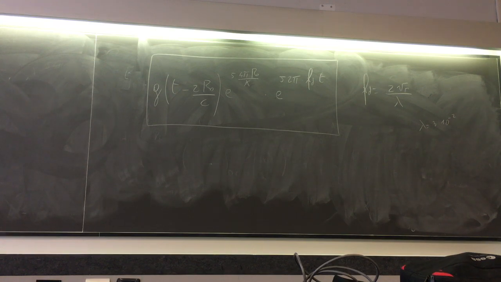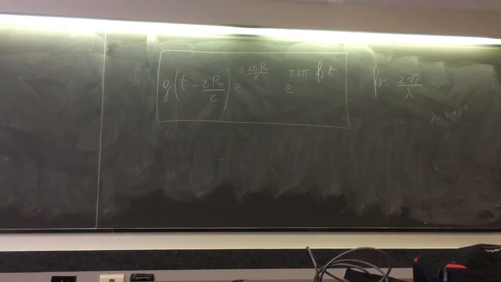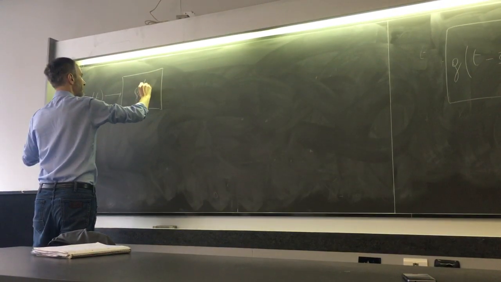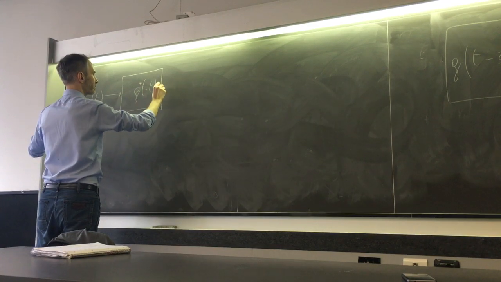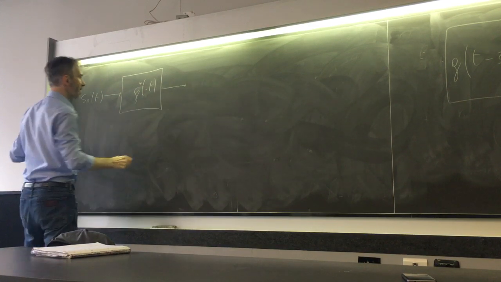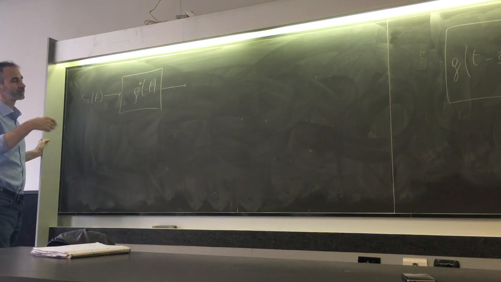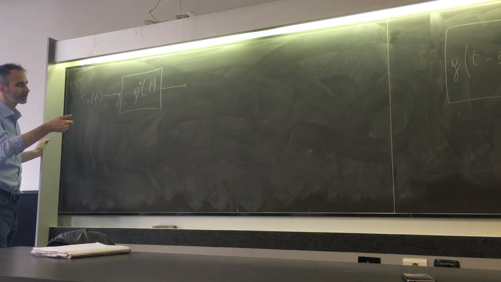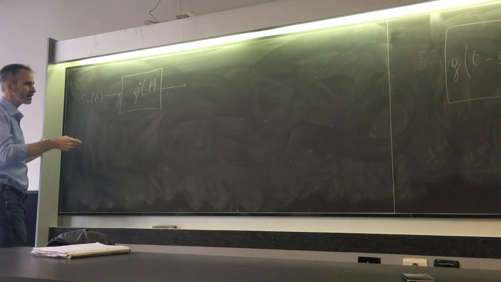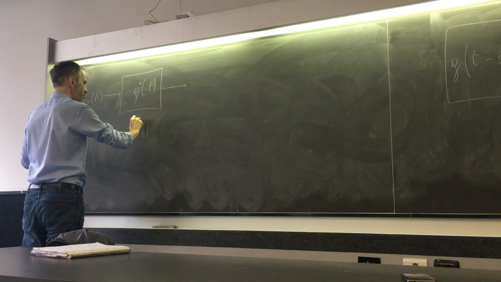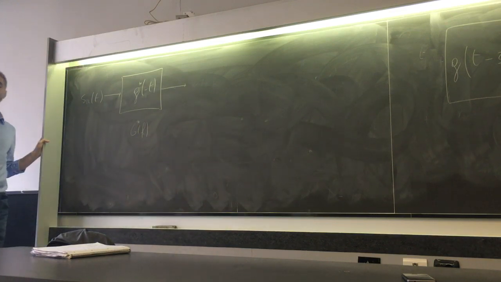So we know that our received signal will enter into a low-pass filter, which in the time domain is the time reverse of your replica. In the frequency domain, this is the complex conjugate of the Fourier transform of G.